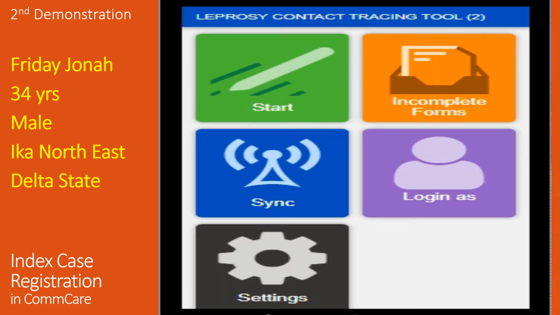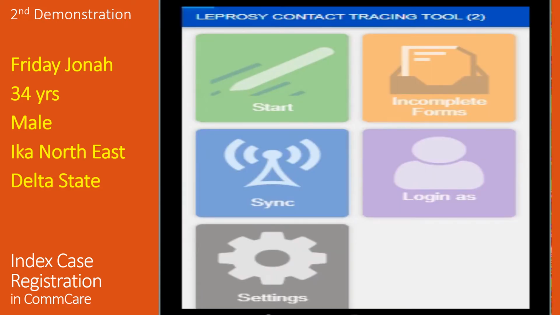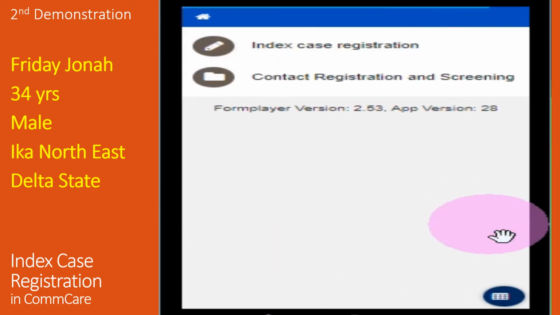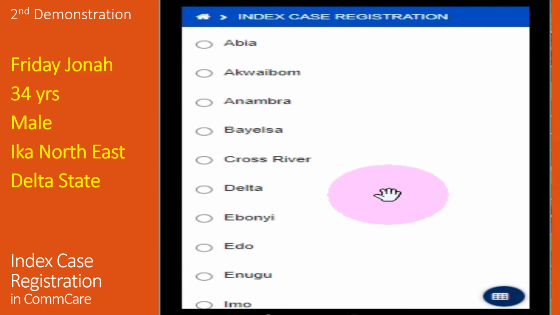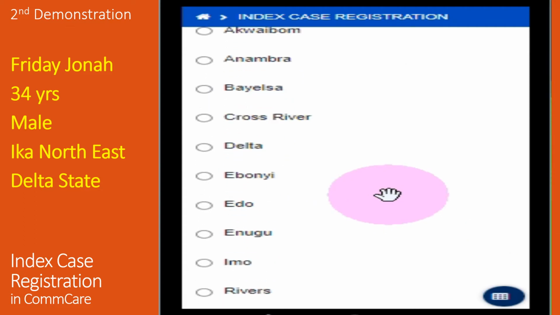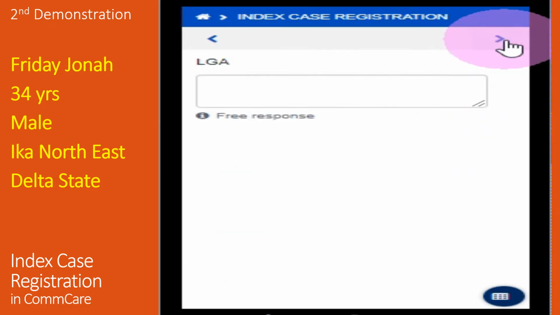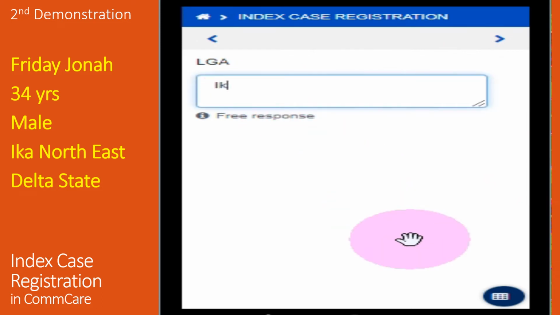In order to capture the information of an index leprosy case in CommCare, click the Start, click on Index Case Registration and Contact Screening, click on Index Case Registration, indicate the state of the index patient, click on the top right arrow to move to the next entry, click on the LGA box to indicate the LGA of the index, and in our case he is from Ika North East.